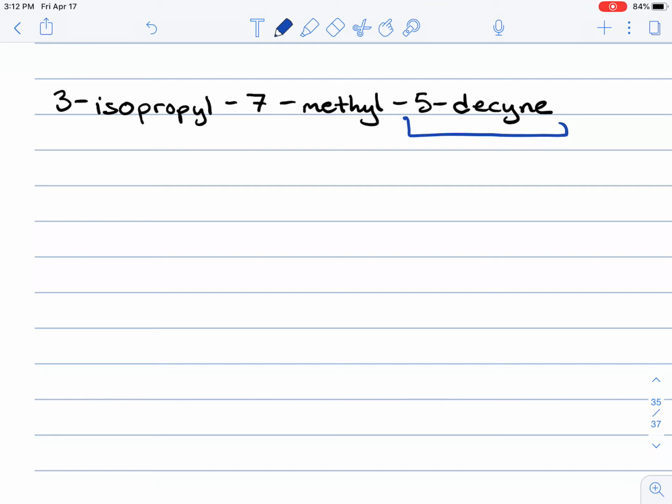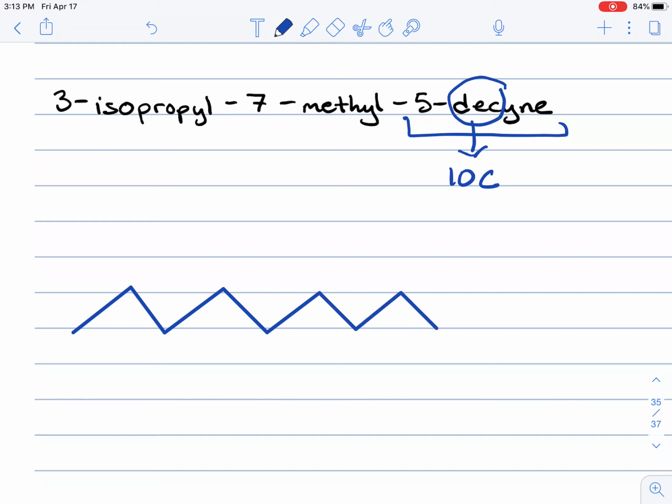All right, so for 5-decyne, we're going to go ahead and decompose this. So dec means 10 carbons. And so let's go ahead and draw that. So 1, 2, 3, 4, 5, 6, 7, 8, 9, and 10. Okay.